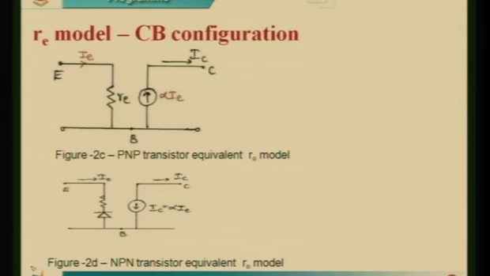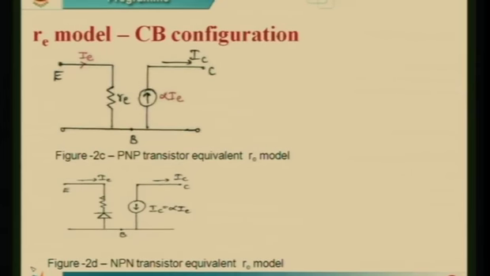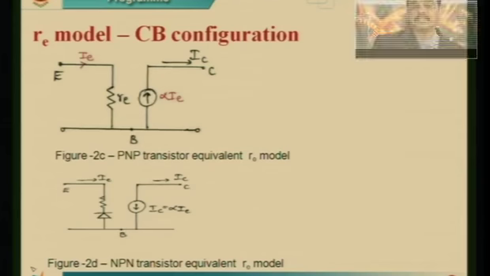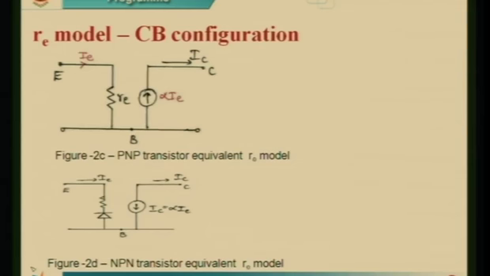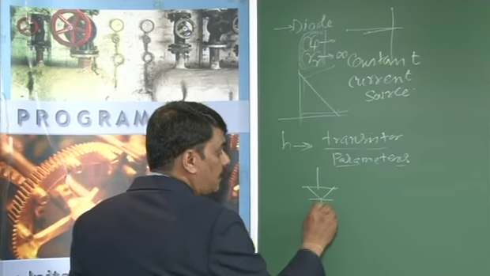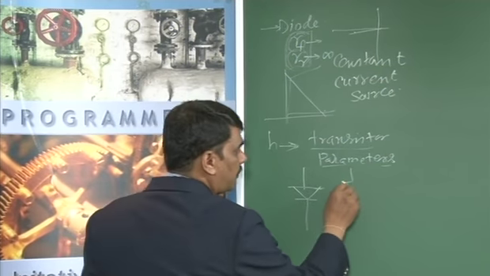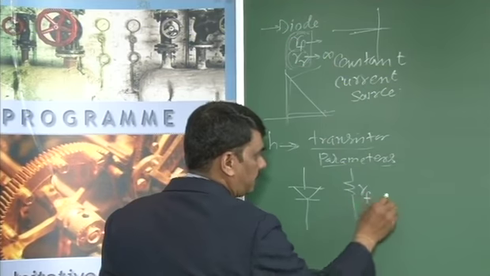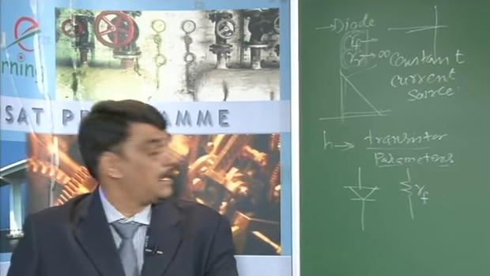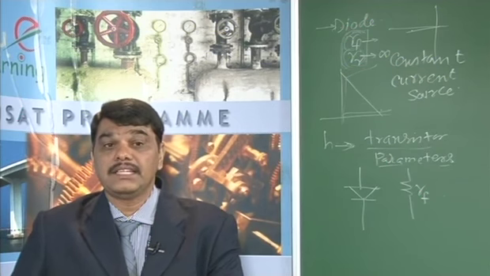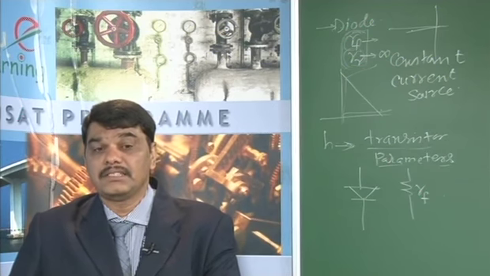In the re model of the common base shown in figure 2b, the common emitter base junction is replaced with a diode, and the collector base junction is replaced with a constant current source alpha times IE. When the diode is forward biased, the low signal model of this diode is nothing but its diode resistance, so the diode is replaced with an RE.